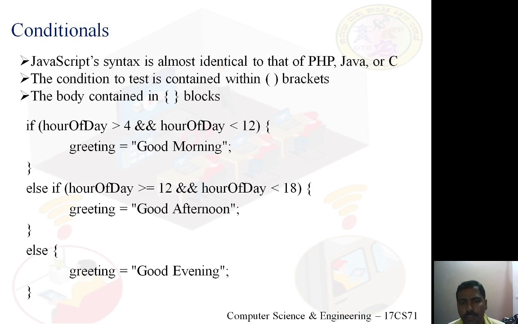Like in C or Java, we write conditions within parentheses. If the condition is true, then control will move to the true block. If the condition is false, it will move to the else block. The block of statements is contained within curly brackets. So everyone is clear with this if else, right?